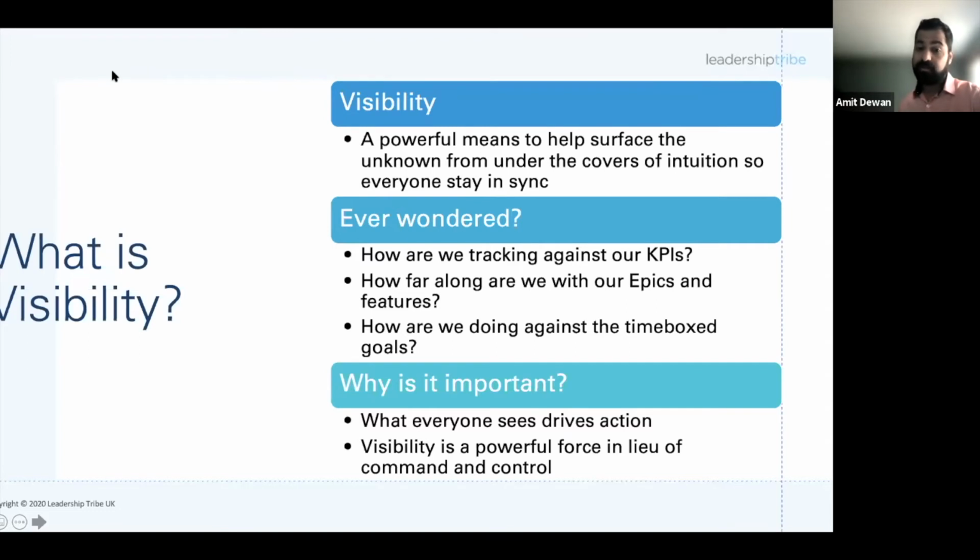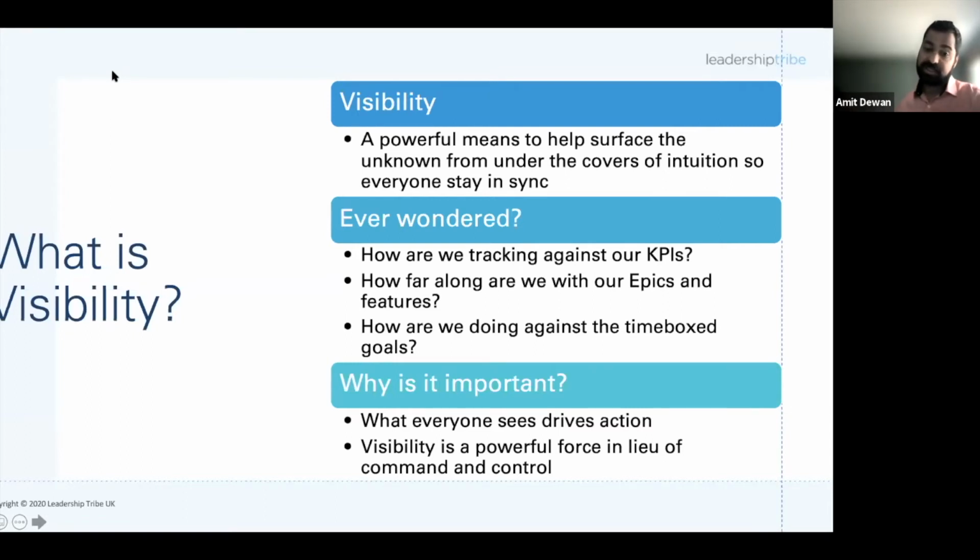Absolutely. When what everyone sees drives action. If I'm a stakeholder and I know the plans are not on track, I will have conversations with my stakeholders, my customers or my team, and see what negotiations we need to have to maybe revisit the promises we've made to go out to the market.